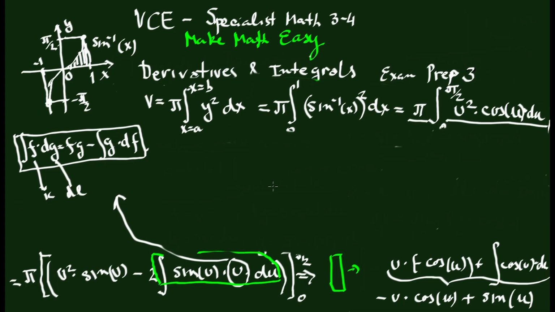So from here we get pi square sine of u minus 2 times this, so it's plus 2 times u times cosine of u plus sine of u.